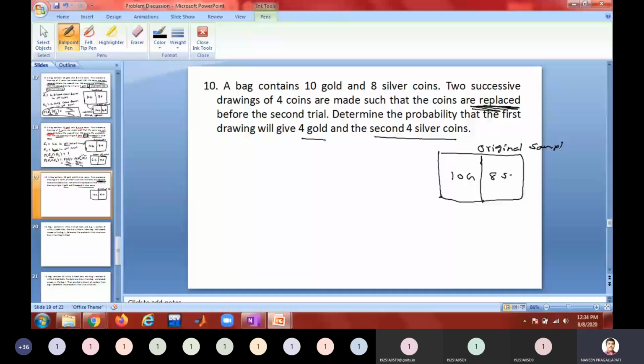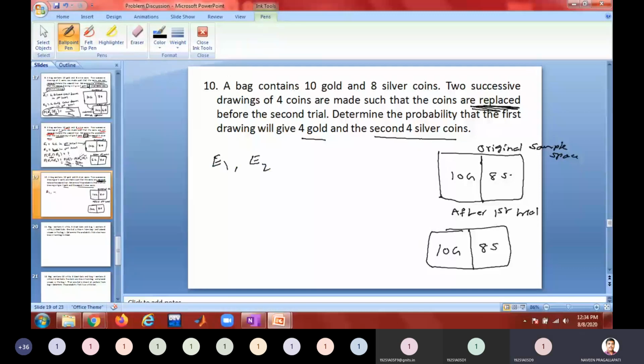After the first trial, how many elements will be there? Same, because I'm replacing the coins before the second trial. Whatever I have taken, I'm placing back again. So again, there will be 10 gold, 8 silver only. So E1 and E2 are independent.